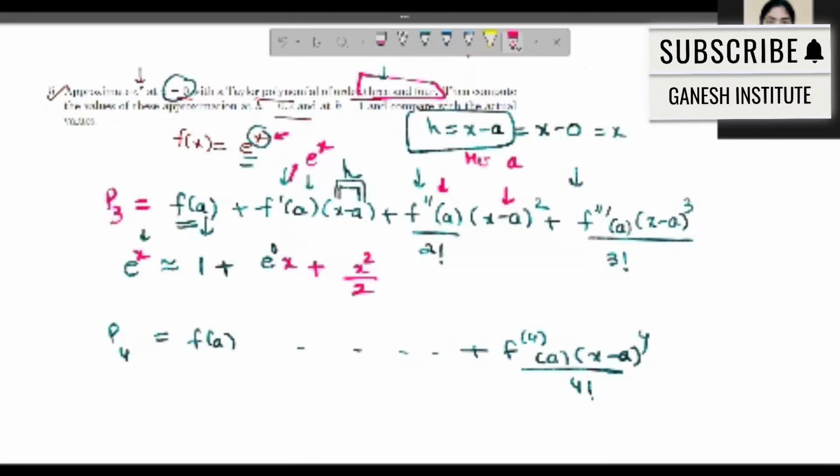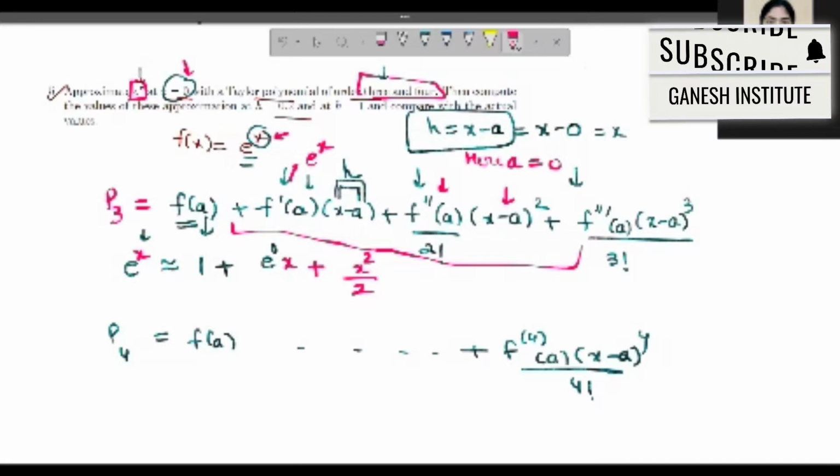Ma'am, but I have a doubt here. Yes. It's a fundamental doubt. Why are we assuming a here? When do we assume x and when do we assume h? Okay. So basically, I need to expand e raised to power x. After elaborating, you can keep a throughout and later on you can start putting in the values.